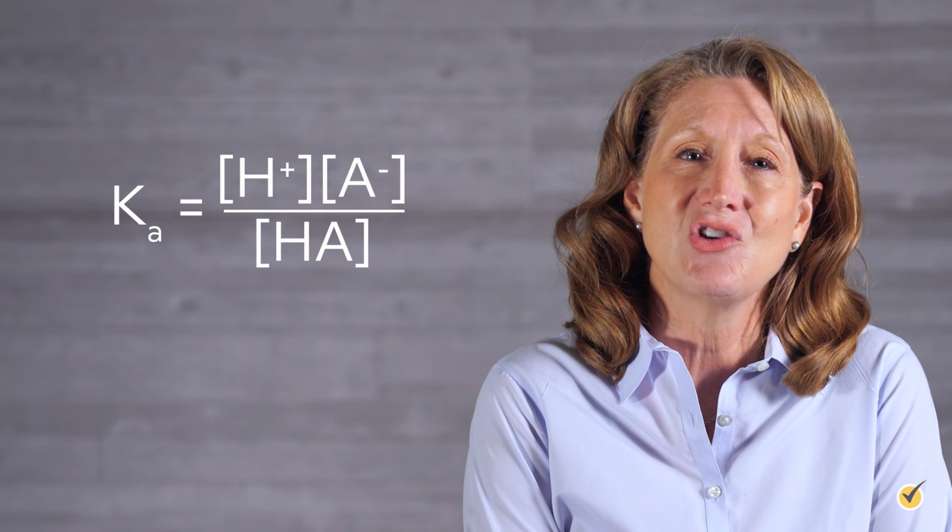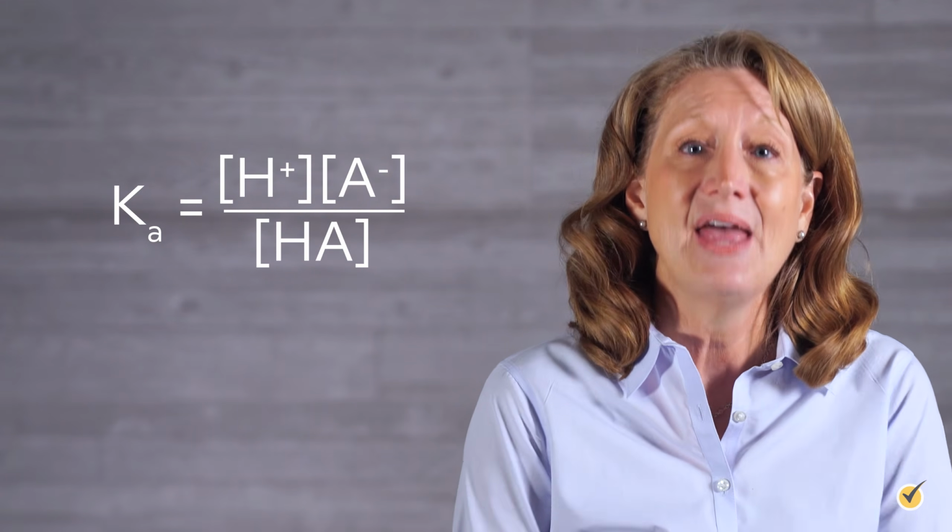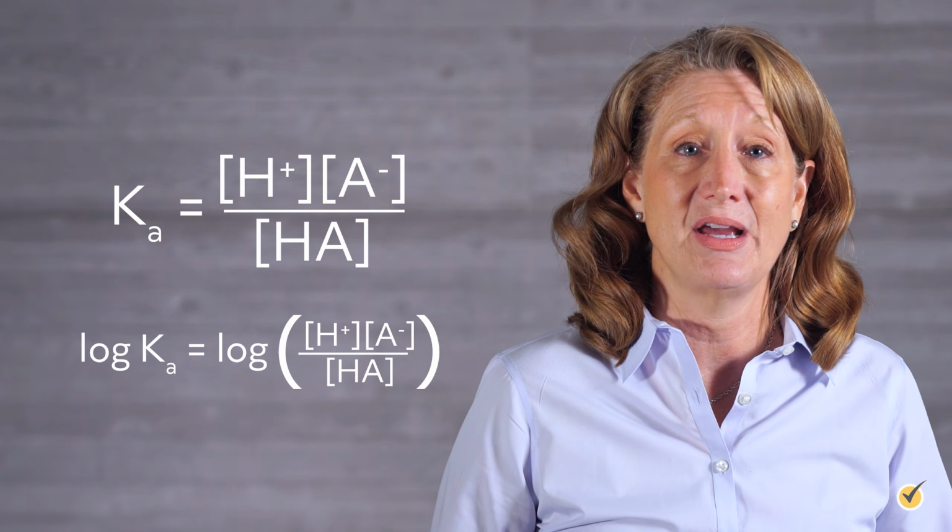To do this, we use the Henderson-Hasselbalch equation, the primary equation for solving buffer problems, which is easily derived from the equation for Ka that we reviewed earlier. We start with our definition of Ka, then take the log of both sides.